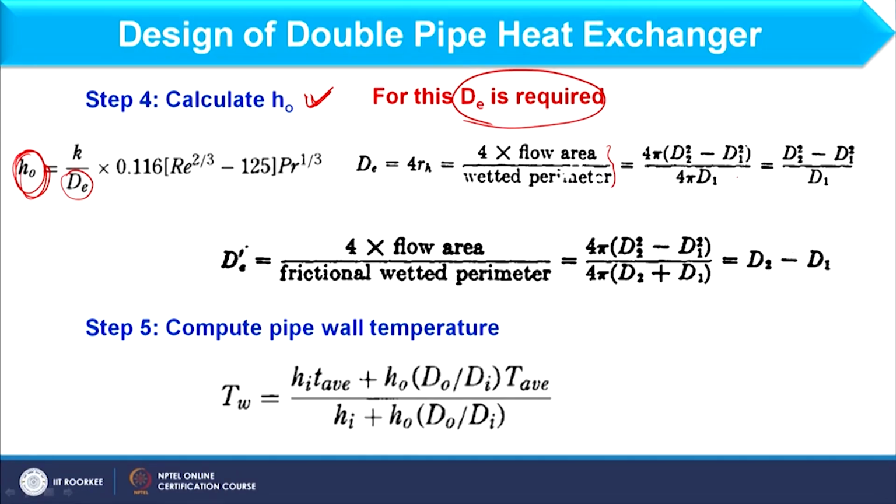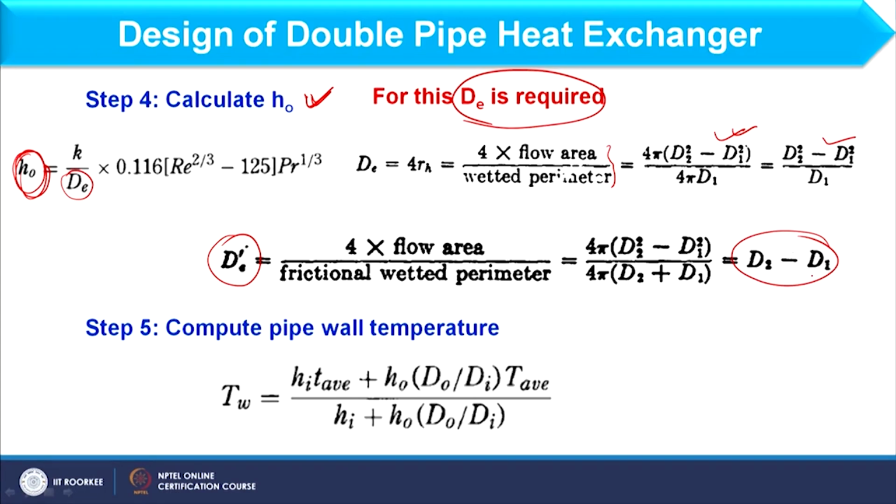You can consider the geometry and calculate the equivalent diameter. Here we are considering this at the annular side, considering both the diameters. Accordingly you can find D equivalent as D naught minus DI.